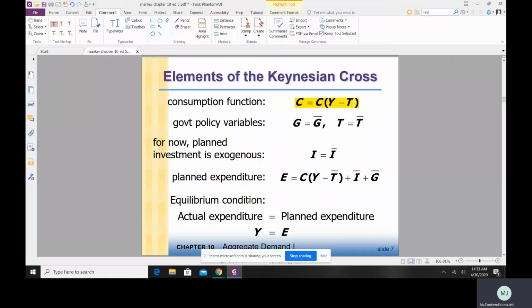So the equilibrium condition is where the actual expenditure, that is where Y equals your planned expenditure, which is this entire thing, which comprises consumption. Okay, I just want to highlight this, but let's go on. So E is basically this. It comprises these 3 components: consumption, investment, government spending. Since we're assuming a closed economy, net exports falls out of the equation.